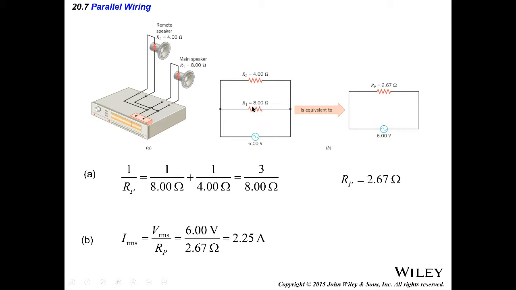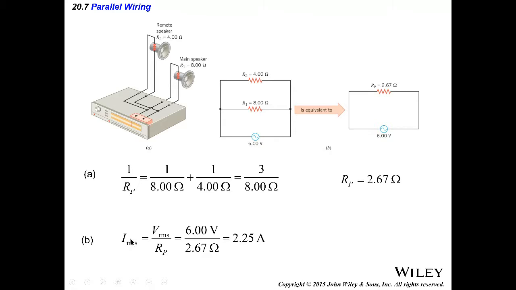You notice the speaker by itself has a resistance of 8 ohms, and this remote speaker by itself is 4 ohms. But when you put them in parallel, the equivalent resistance for this whole circuit is now about 3 ohms.